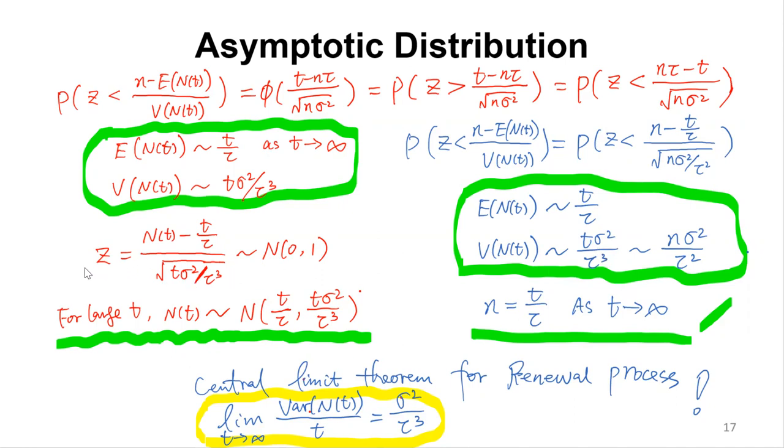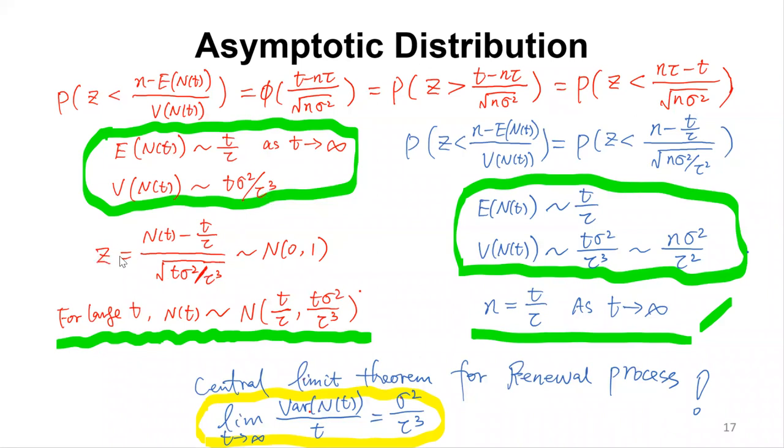And so now we know the asymptotic distribution of N_t has expectation t over tau, and because t over tau equals n, the expectation of N_t is n. So the variance of N_t is approximately t sigma square over tau cube.